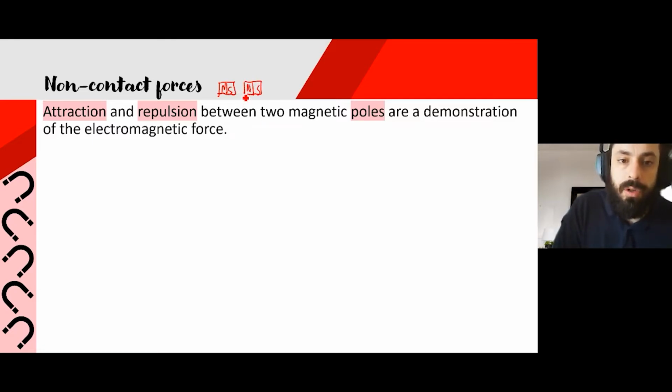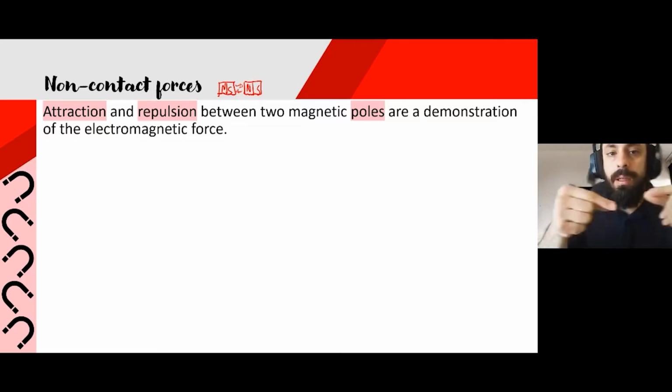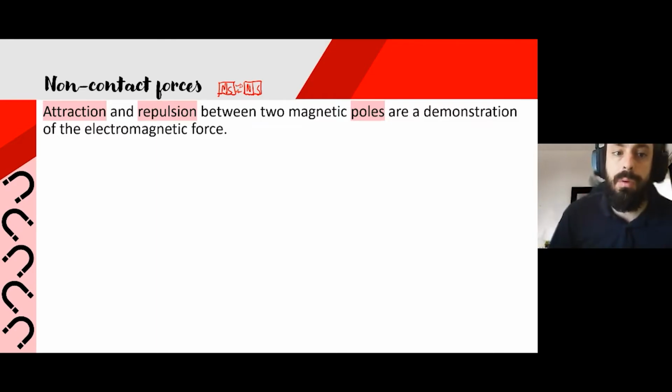They're attracting each other, but do they need to be in contact? No, right? So if you separate them, there's nothing in between, just air. There's nothing for them to be in contact, but they still experience a force. That's what we mean with non-contact forces.